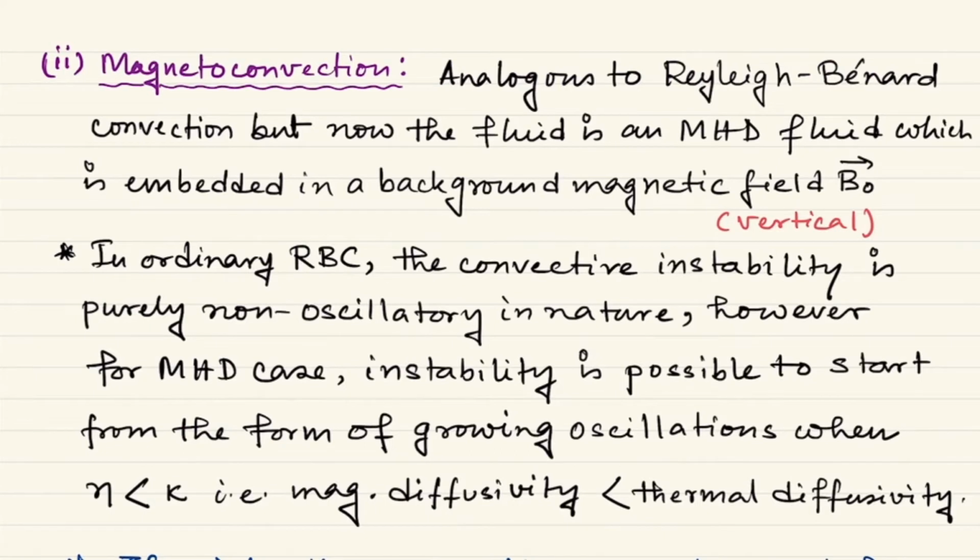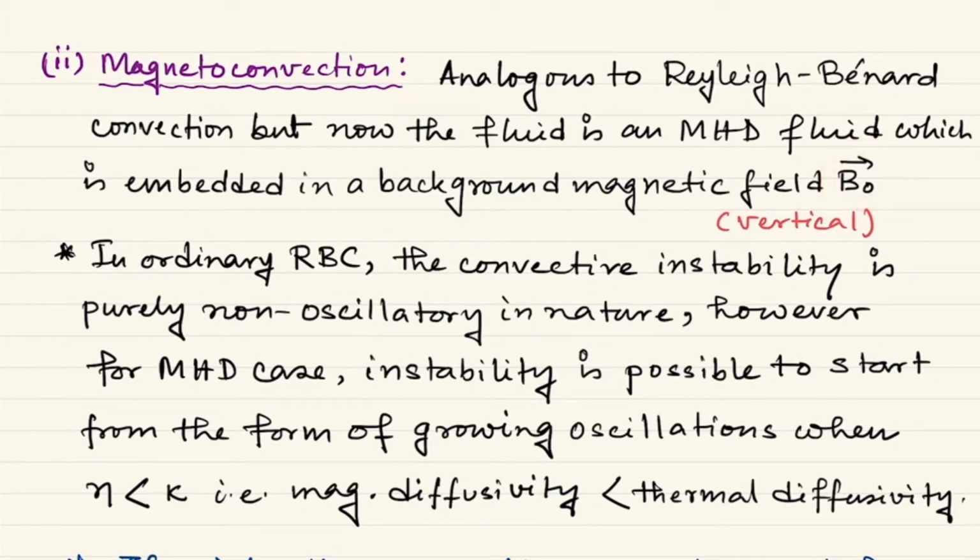Now coming to another point. It's a very interesting phenomenon called magnetoconvection. As we did for normal hydrodynamic fluid, Rayleigh-Bénard convection, this is nothing but a generalization of Rayleigh-Bénard convection for magnetic fluid, more specifically for an MHD fluid, which is embedded in a background magnetic field B0 that was absent for a normal RBC.